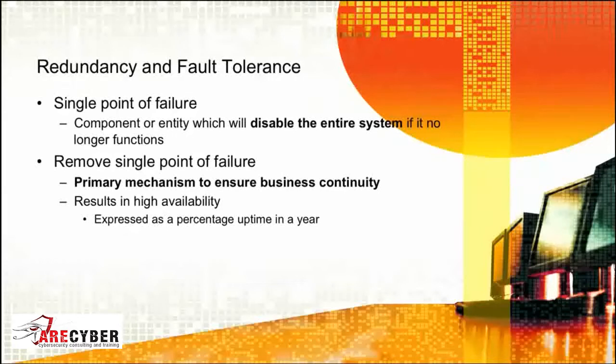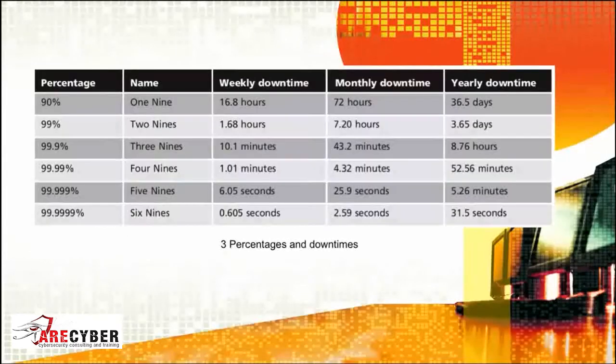This is the primary mechanism to ensure business continuity. During the BIA process, the organization will identify tolerable downtime, whether they're looking for 90% uptime or up to 6 nines, you'll see it identified as uptime. It completely depends on the organization's appetite for risk.